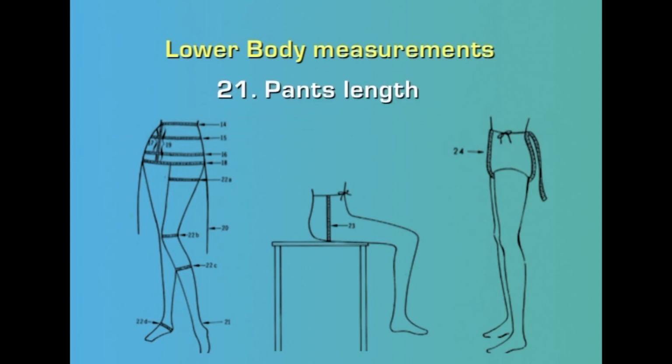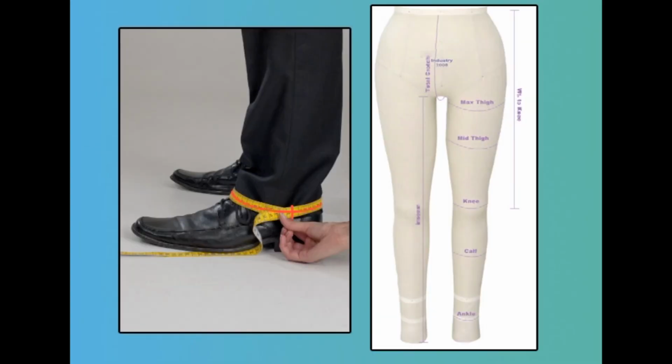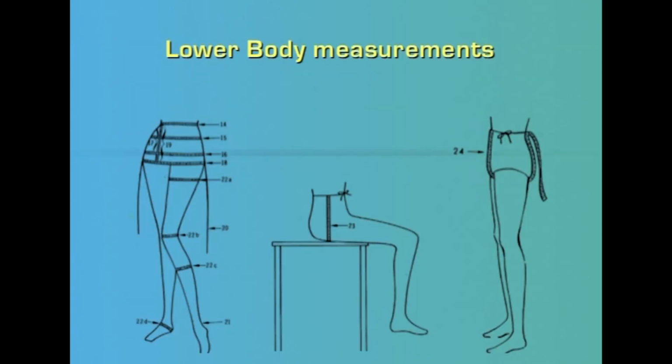The next one is pant length. Measure from waistline along side seam to desired length for pants. Leg circumference. Measure the fullest part of thigh, bent knee, calf and instep. Crotch depth.